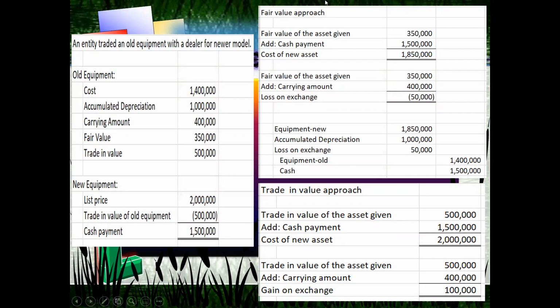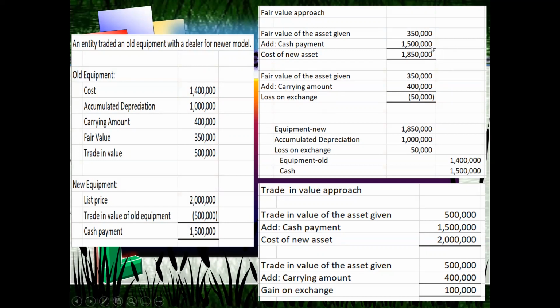So looking at here, ito yung sa fair value approach natin. So since fair value approach, sabi doon, fair value of the asset given, so in this case, that's 350,000 na given siya dito. Plus your cash payment. So that will be the cost of your new asset. So 1,850,000.